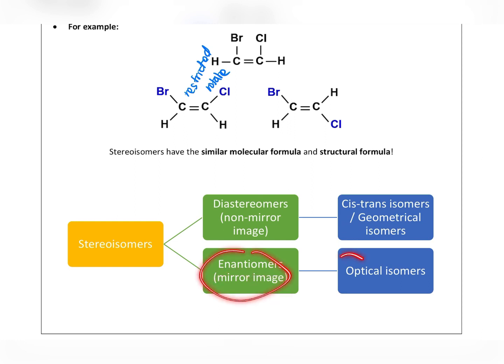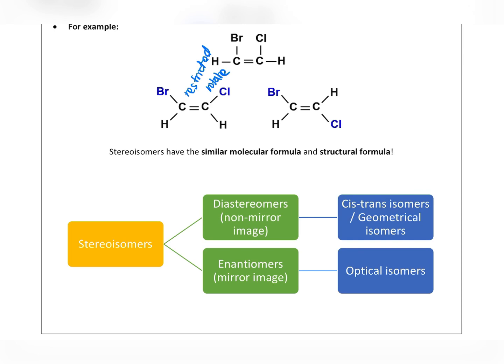Enantiomer yang kita akan belajar adalah optical isomer. Sometimes these words can be used interchangeably. That means enantiomer is actually optical isomer. Optical isomer can also be called enantiomer. Tapi kalau cis-trans pula, dia ada nama cis-trans isomer ataupun you can also call it geometrical isomer. Kalau soalan minta geometrical isomer, that means dia minta cis-trans isomer lah tu.